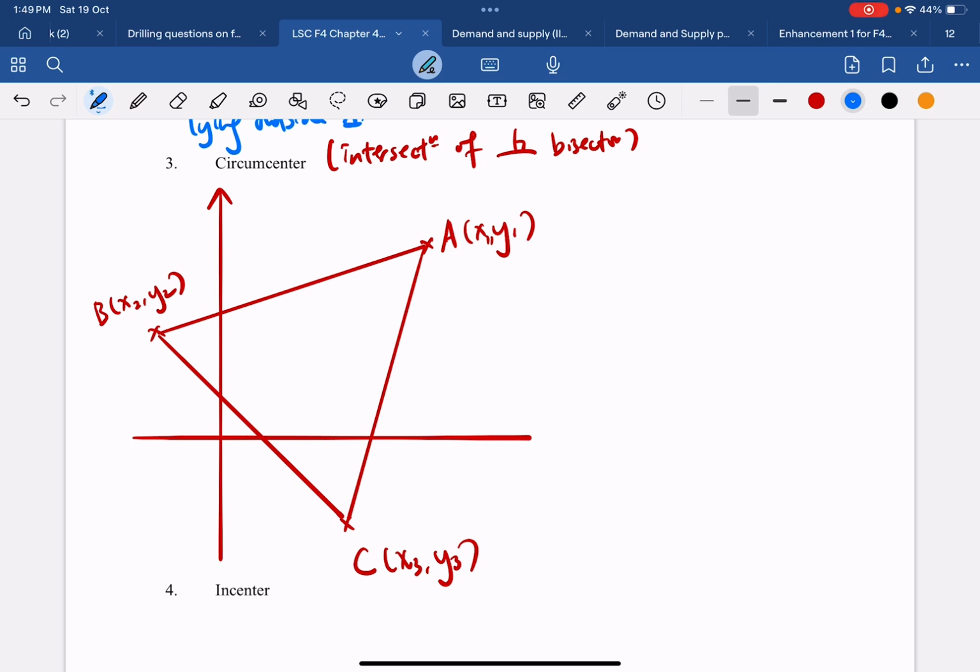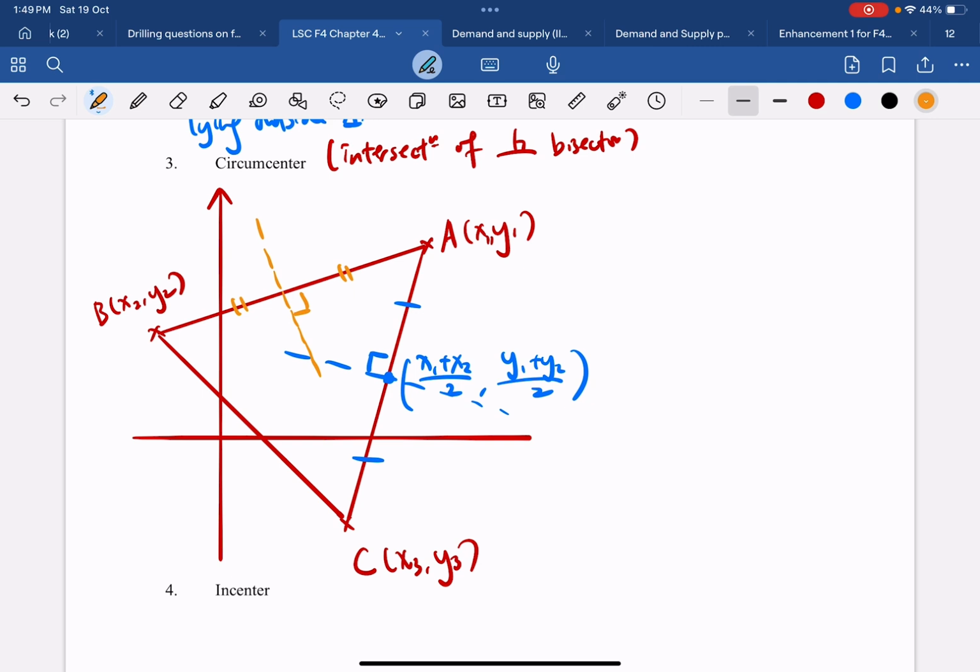So the perpendicular for AC will be like this. It bisects, right? So you know this is the midpoint of AC, which is x1 plus x2 over 2, y1 plus y2 over 2. And then let's draw a perpendicular bisector for AB, maybe like this one.